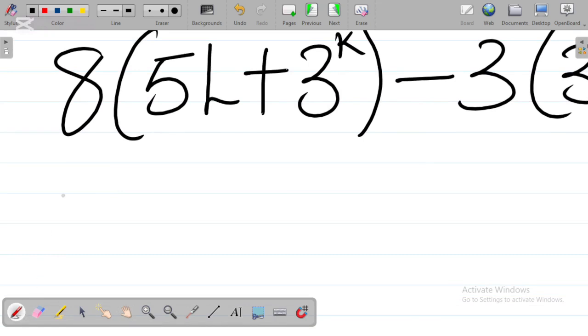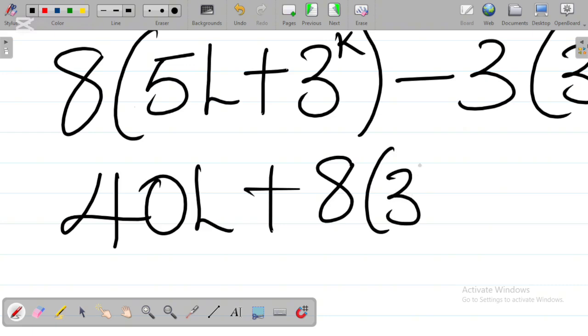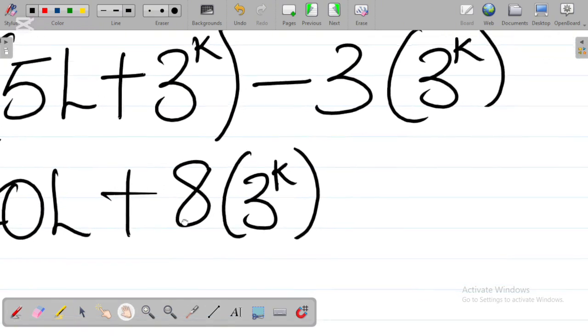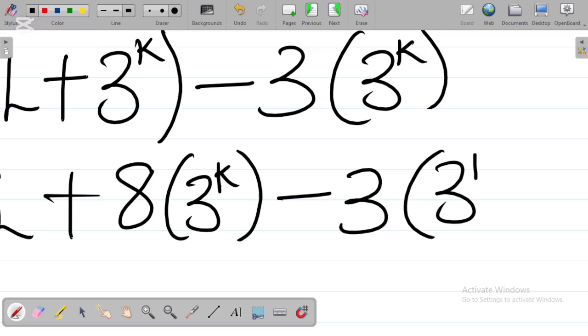So we can now simplify further. 8 multiplied by 5L gives us 40L, plus 8 multiplied by 3 raised to the power k, so we'll write it this way, 8 multiplied by 3 raised to the power k, close the bracket, and then we have minus 3 open brackets 3 raised to the power k.